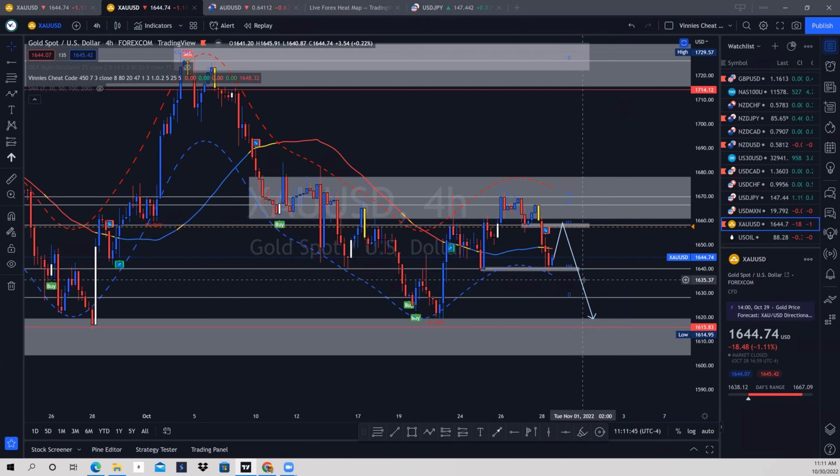All right, so you guys got that? That's what I'm looking for this week. I'm looking for an opportunity to sell gold this week, still trading with the higher time frame trend. You always want to trade the higher time frame trend.